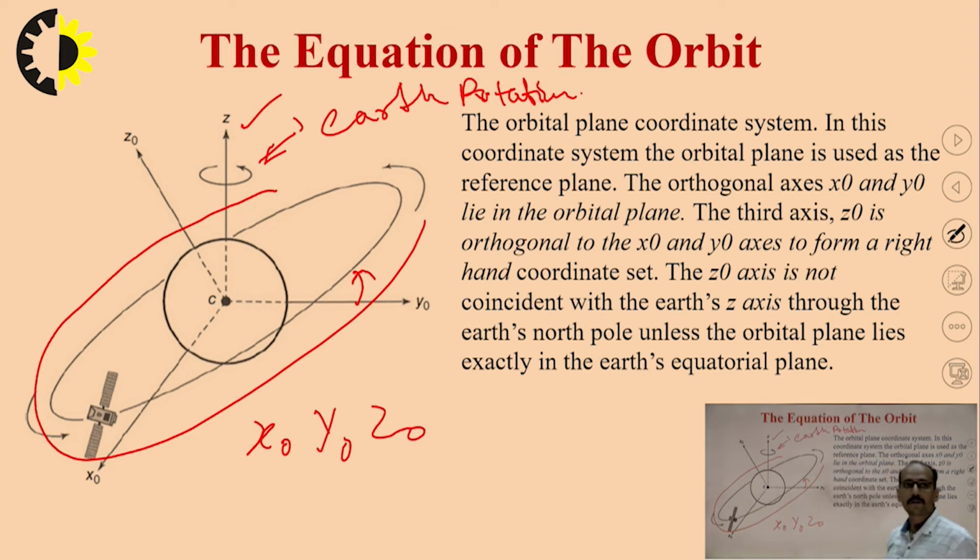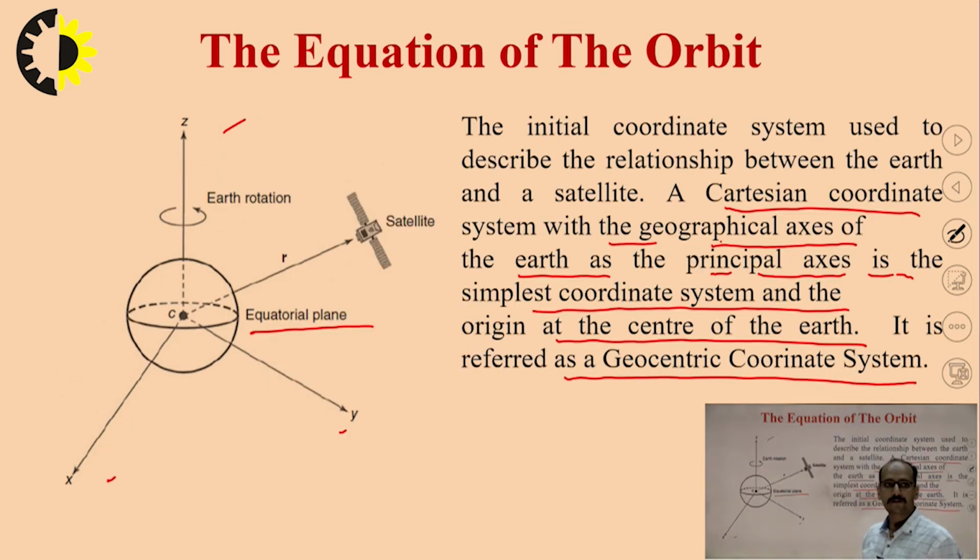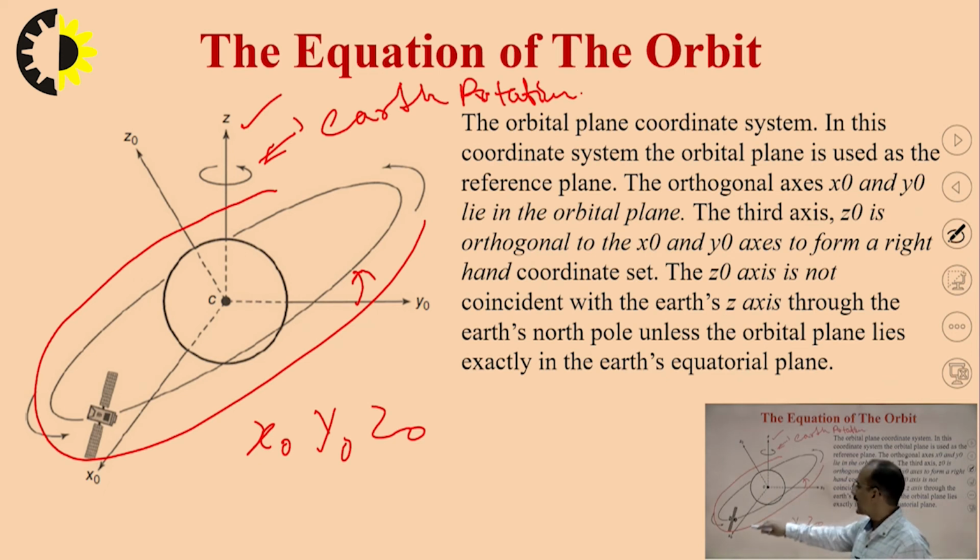In the orbital plane coordinate system, the orbital plane is used as the reference plane, and the orthogonal axes x0 and y0 lie in the orbital plane. Similarly, in the previous one, the xy plane lies in the equatorial plane. Here x0 and y0 lie in the orbital plane.